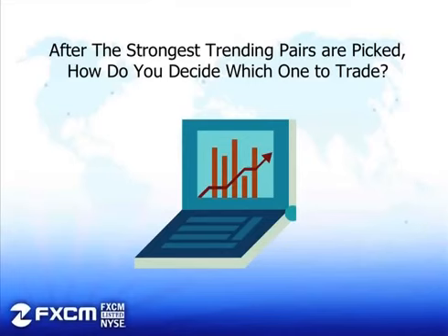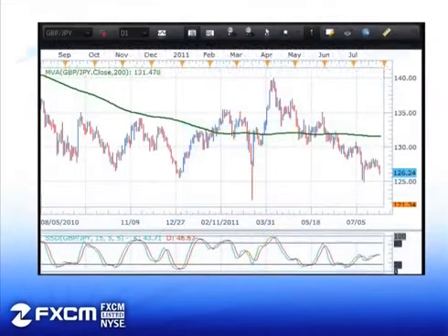Okay, pound yen, I talked briefly about that one. I said it's in a downtrend of late, lower highs, lower lows, price action below the 200 period moving average. But notice how the 200 period moving average has kind of flattened out a little bit. We were in a strong downtrend here, and now it's flattened out because we've got price trading below, above, below, and that'll make it flatten out.